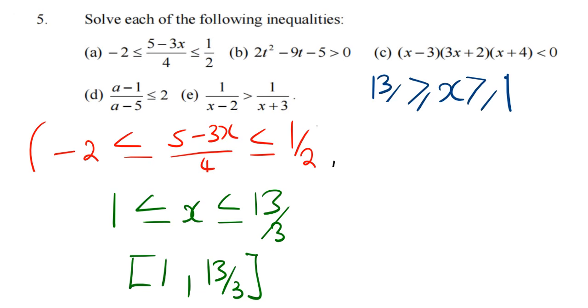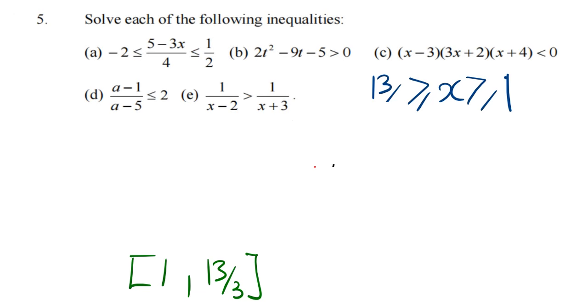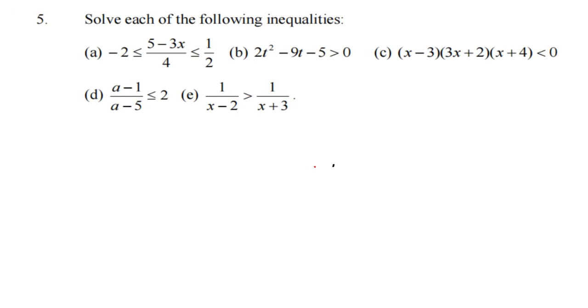Then solving the other part, we've got b: 2t squared minus 9t minus 5. This expression is greater than 0. So in this case, what are we supposed to do?